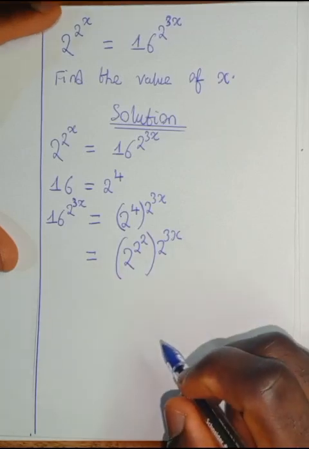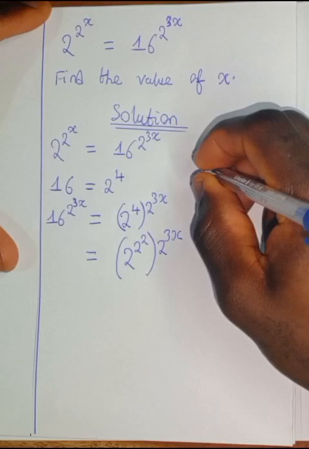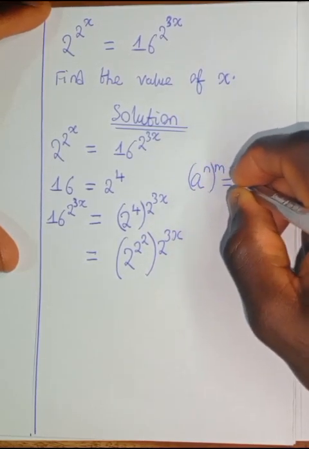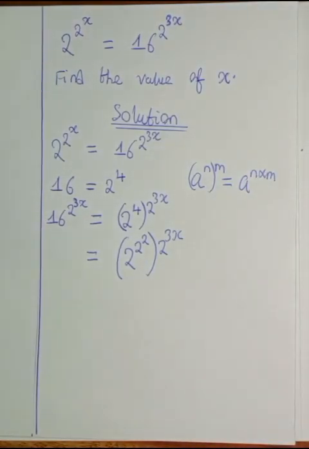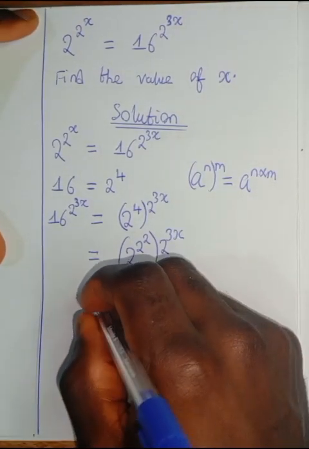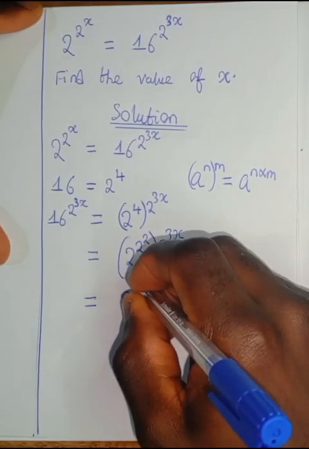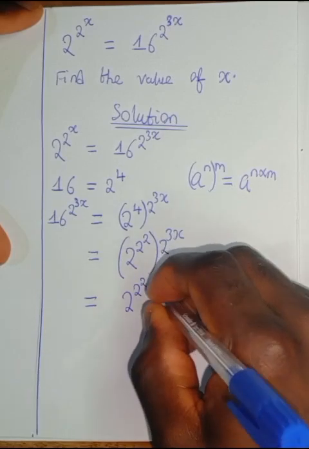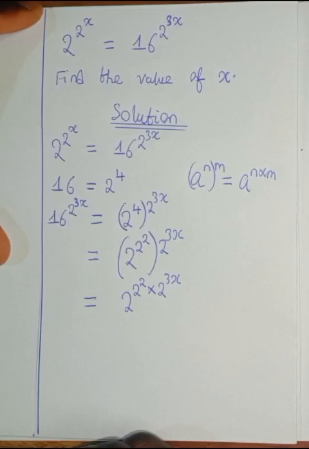At this level, we are going to make use of (a raised to the power m) all this raised to the power n is simply equal to a raised to the power m times n. We are going to multiply the powers. This will simply be equal to 2 raised to the power 2 raised to the power 2 times 2 raised to the power 3x.